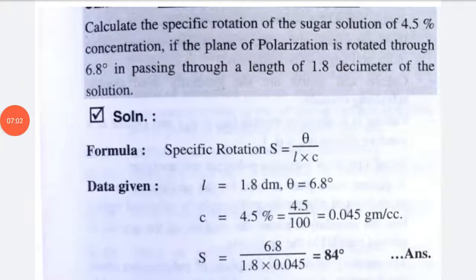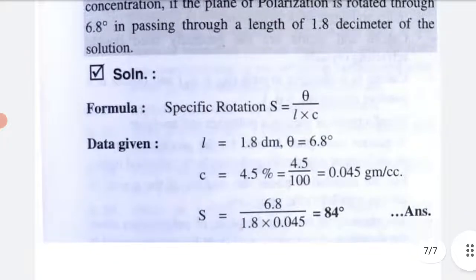And we go to the last example. Calculate the specific rotation of a sugar solution of 4.5% concentration, if the plane of polarization is rotated through 6.8 degrees in passing through a length of 1.8 decimeter of the solution.